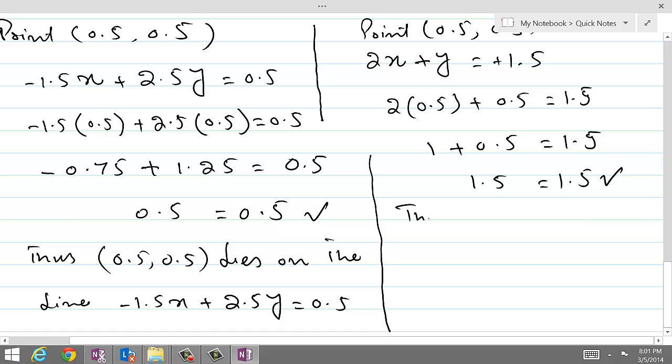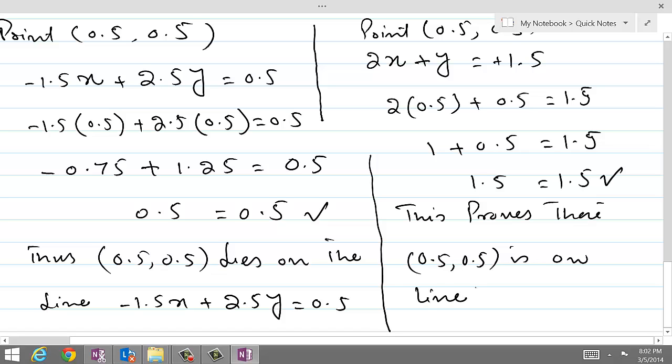This proves that the point (0.5, 0.5) is on the line, and what is the second line? 2x plus y equal to 1.5.